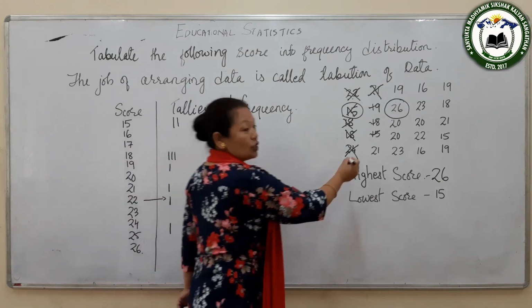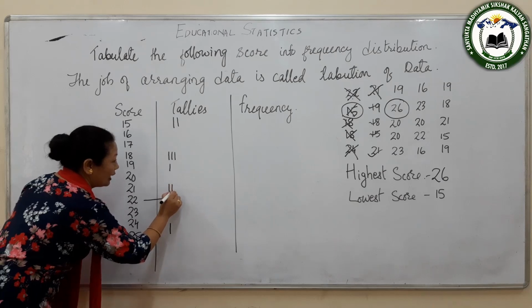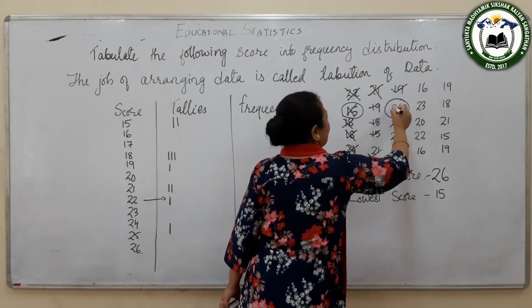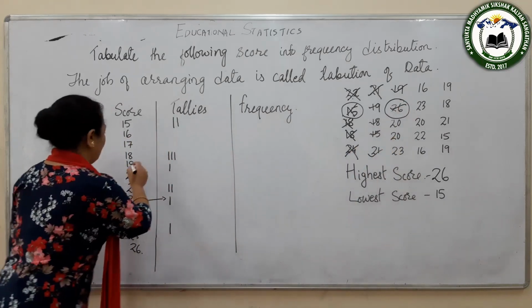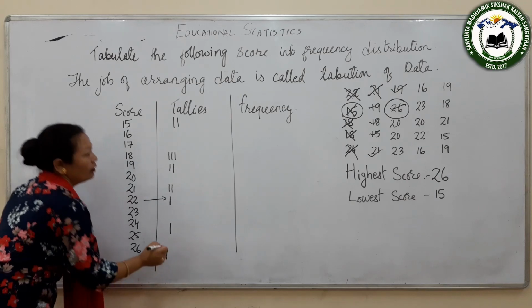Again we have 21, so 21 again. Now the next is 19. 26 is my last number, so 1.